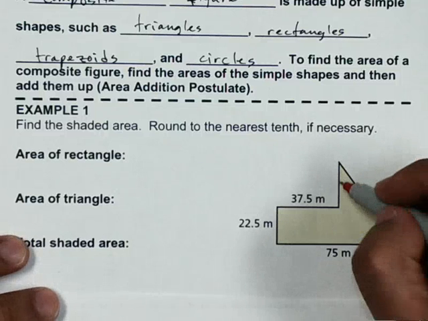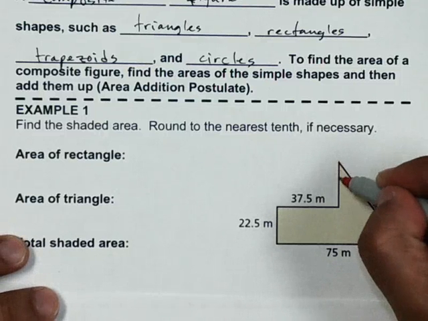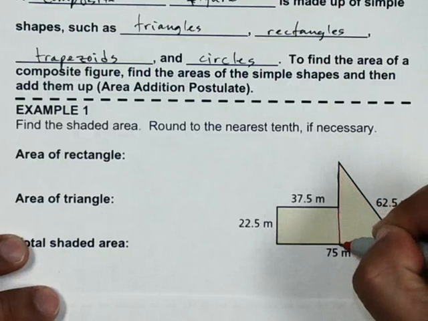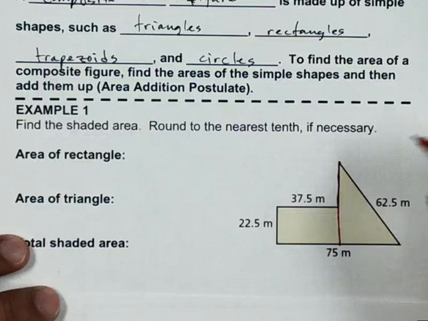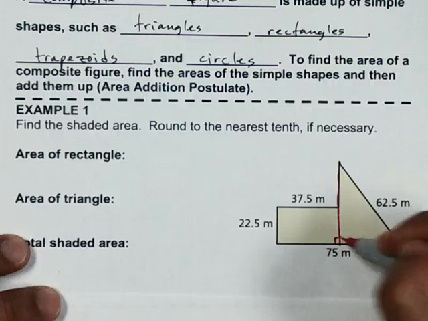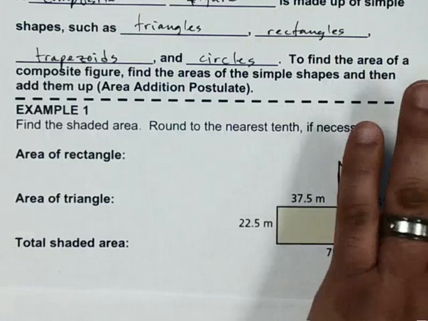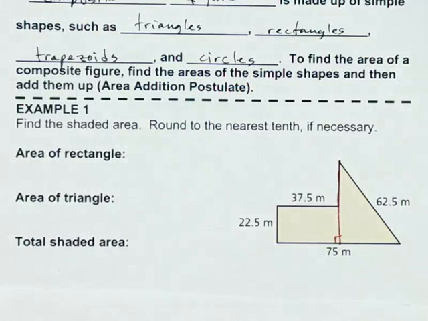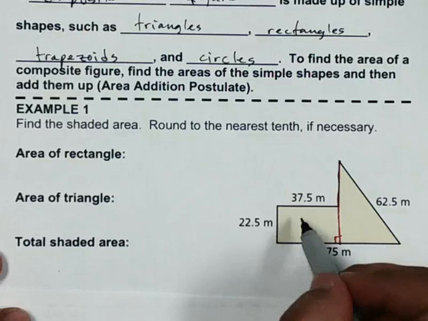But we can find the area of this by simply taking this shape and splitting it up into 2 simpler geometric shapes. If I extend this line straight down at a 90-degree angle, I create 2 shapes: a rectangle and a triangle. So I can find the area of this triangle and the area of this rectangle.